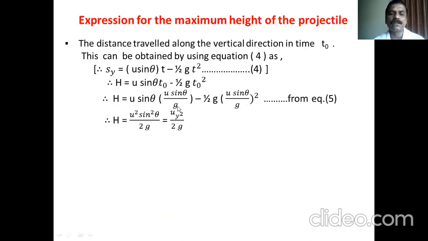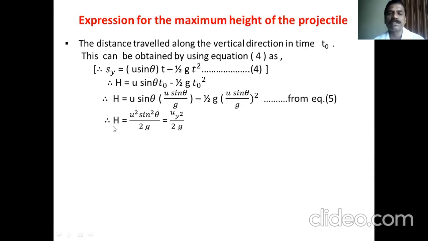Divided by g in the first, and in the second, g times g square gives g cubed over g square, so one g will be left in the denominator, and with the half it becomes 2g.